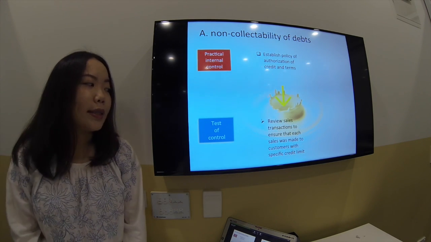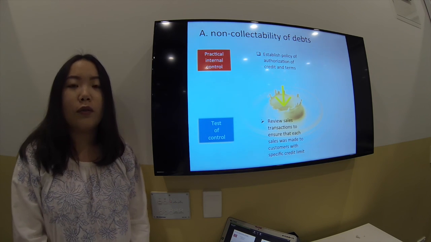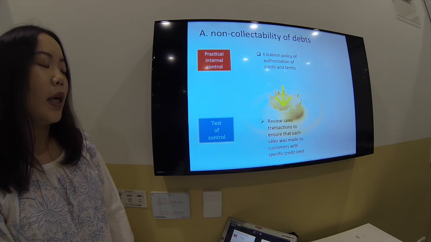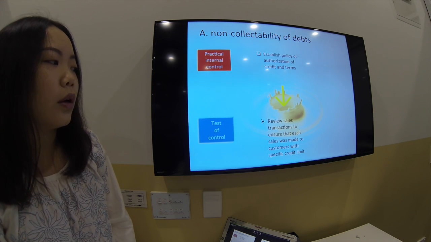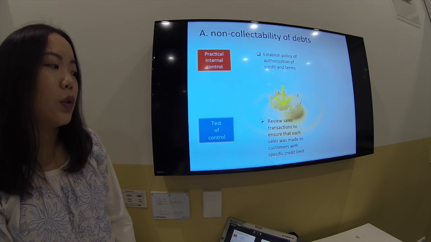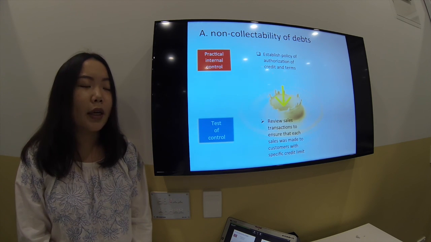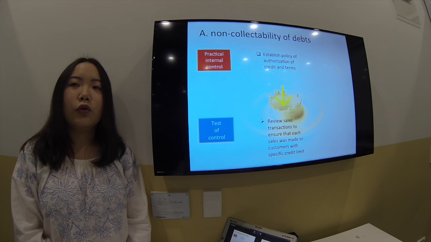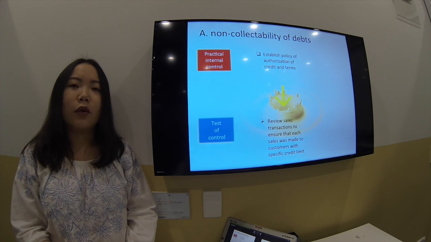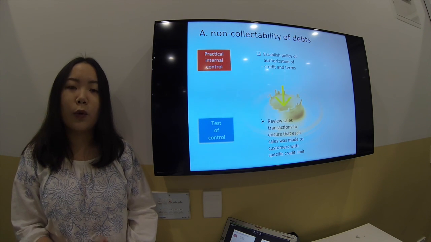To test whether this control is valid or not, the test we can use is reviewing sales transactions to ensure that each sale was made to customers within the credit limit. Besides, the business can appoint someone to supervise the process of credit approvals.